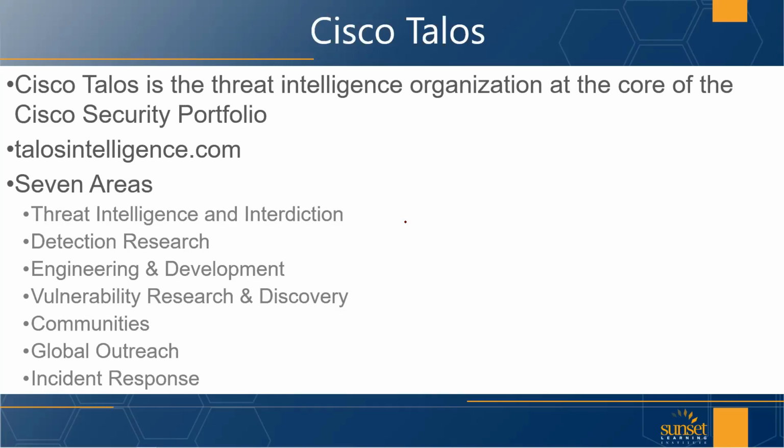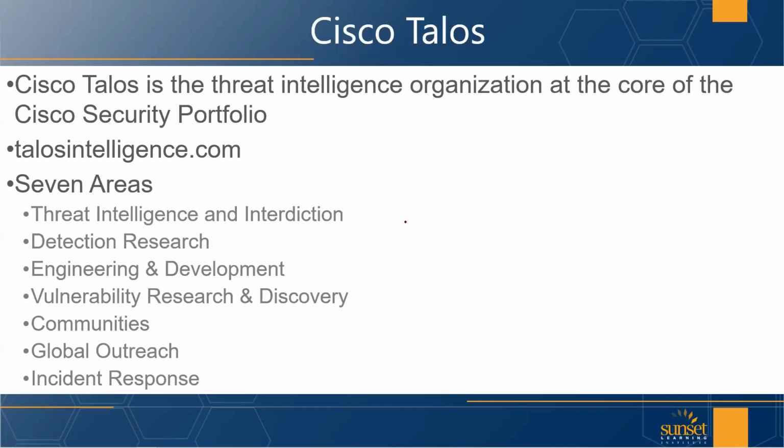Where you can find it is talosintelligence.com. There are 7 areas. They look at threat intelligence, interdiction, detection research, that's a big one, engineering development, and vulnerability research. You can go out to the Talos site, and if you haven't done it, I'd say it's interesting. Look at a list of vulnerabilities, and it gives you maps of where they're finding them and what they're looking at.